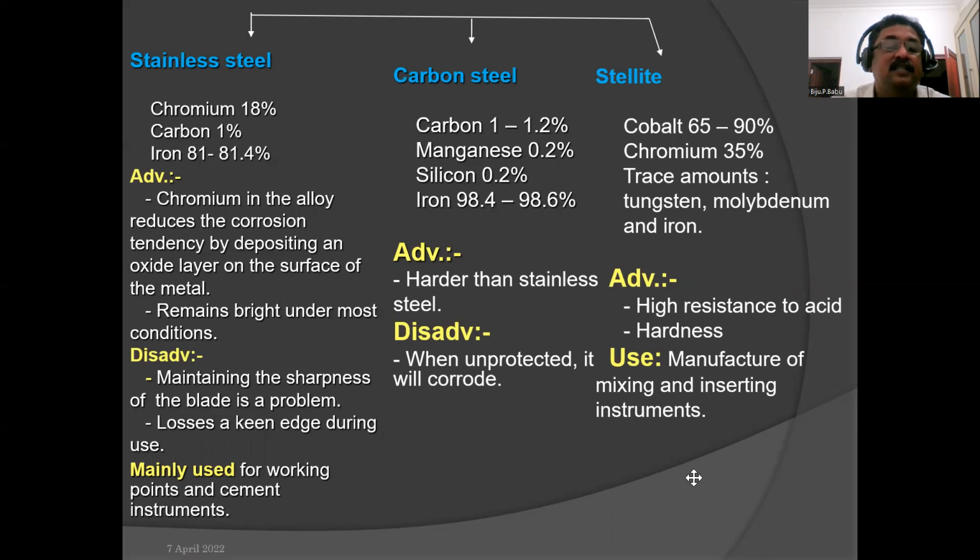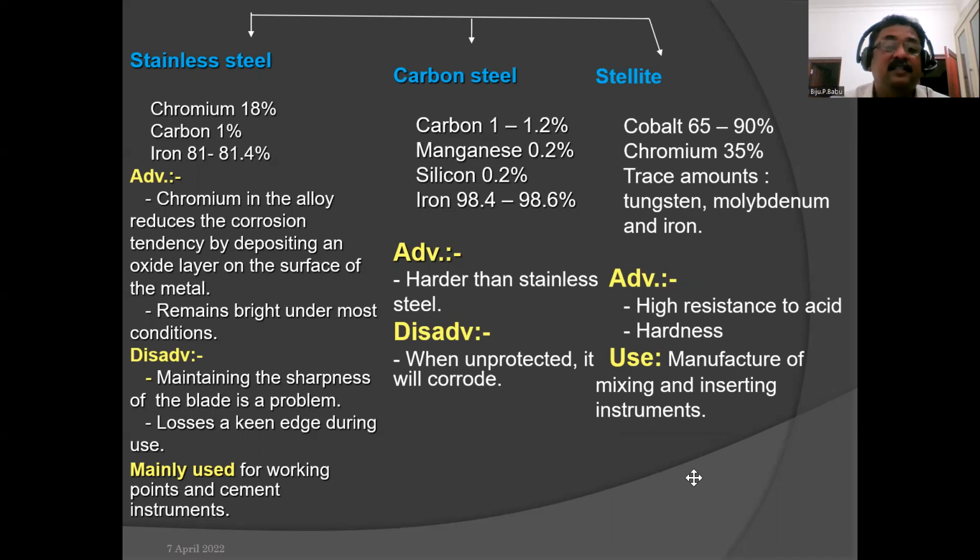So when you use stainless steel, the instruments are less likely to corrode, and they remain bright under most conditions. Whatever chemicals are used, the instrument does not lose luster or corrode.